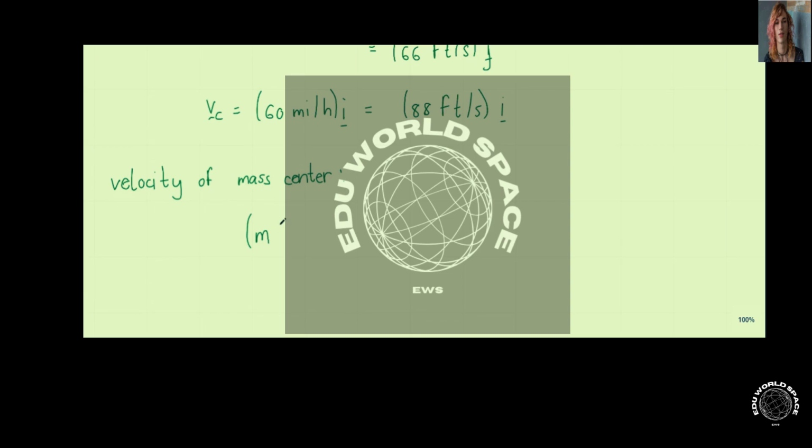We know by the conservation of momentum that ma plus mb plus mc times the velocity of the mass center is equal to ma va, the sum of the products of the momenta for each car, plus mb vb plus mc vc.